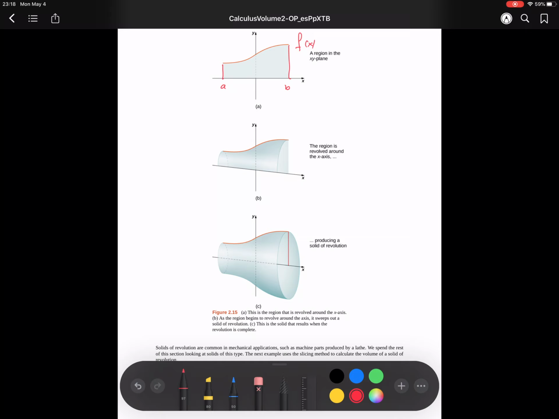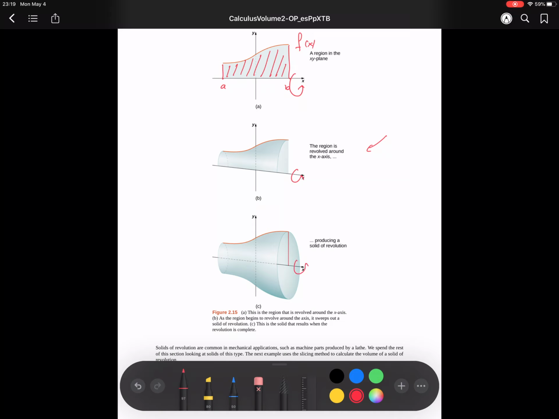This is two-dimensional. Now imagine, the next picture shows you kind of the same picture in a three-dimensional setup, and what we're going to start doing is turn this region, think of that as a wooden or cardboard cutout, around this axis. Here you see half of this movement, and here's the full movement.